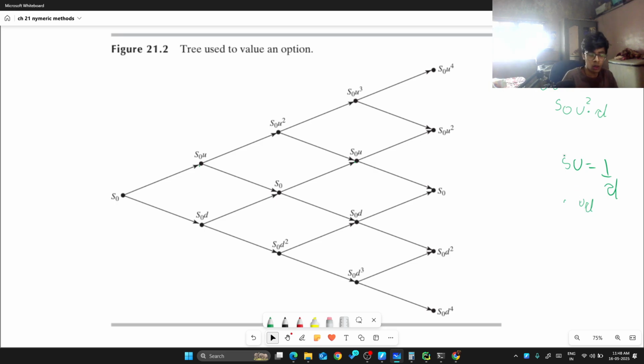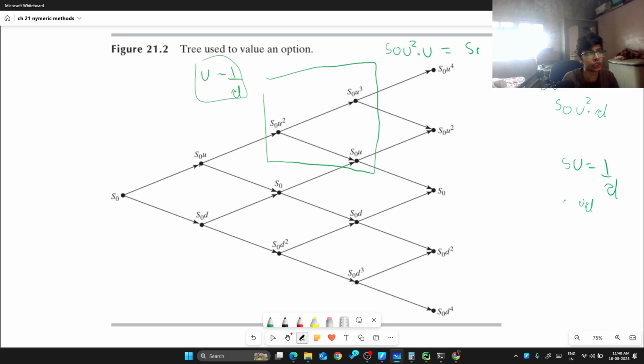We have a proportionality between u and d, right? And let's see this part only. From S0u square, the up movement is u, that's why S0u cube, but from S0u square the down movement is there. From this proportionality d equals 1 by u, right?